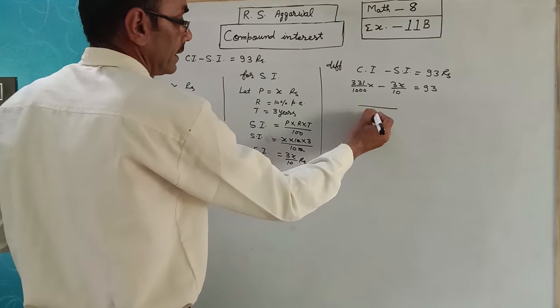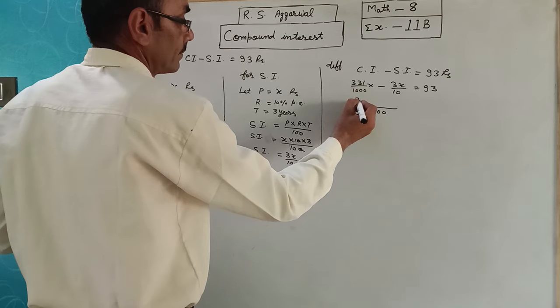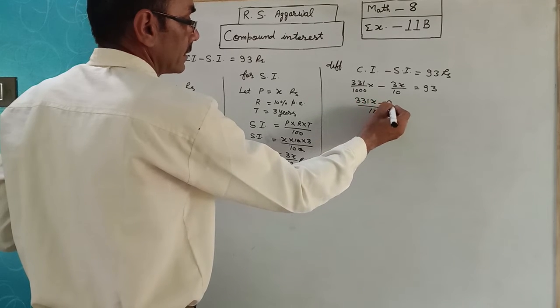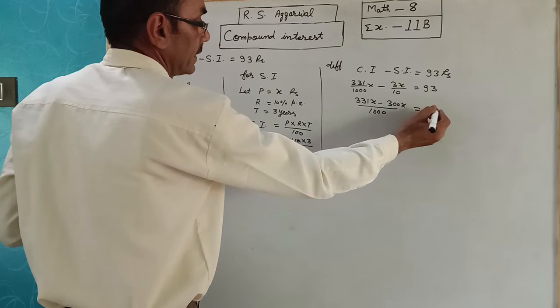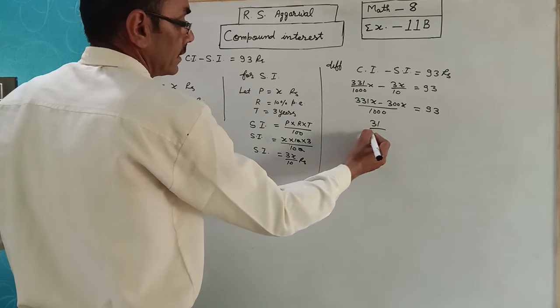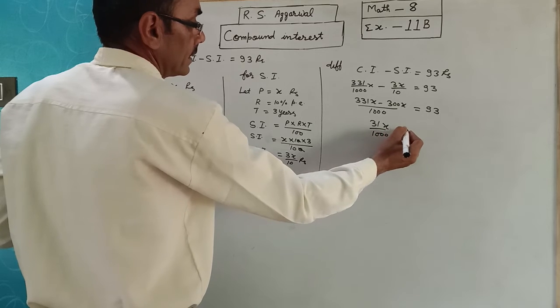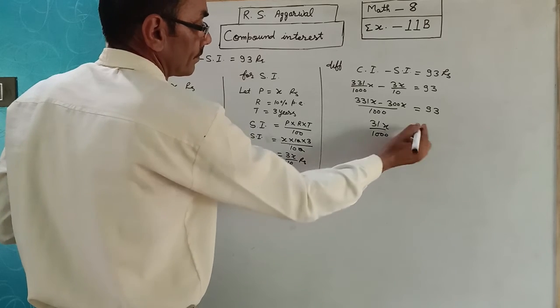Take the LCM. 1000 is LCM. 331x minus 300x is equal to 93. After minus, 31x upon 1000 is equal to 93.